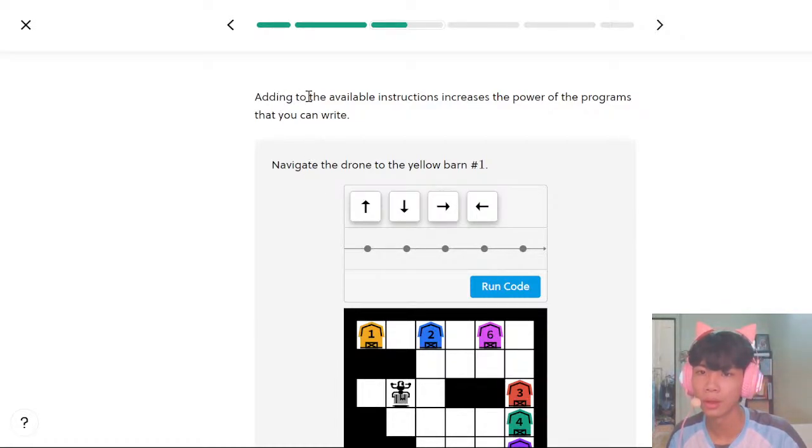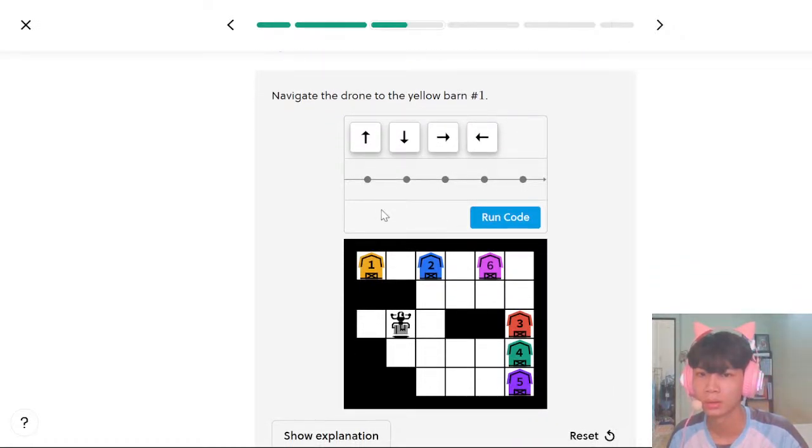Adding to the available instructions increases the power of the programs that you can write. Okay, it's true. Navigate the drone to the yellow barn 1. I think that if we want to go to the yellow, we go to the right, we go up 2 blocks, and we go to the right 2 blocks.